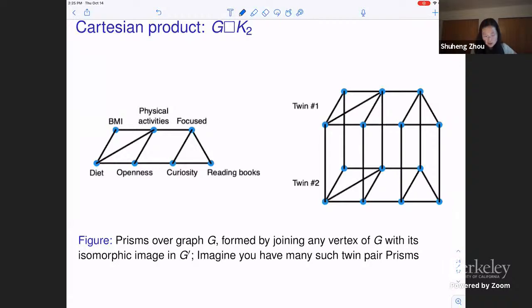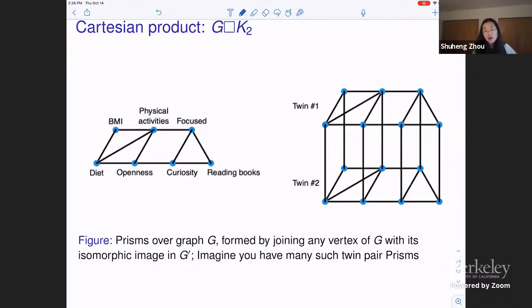They have so many questions to ask about physical activities and task orientation, or focusedness on some specific tasks, and other things like more characteristic or temperament, like curiosity, openness, and of course you want to keep the child physically healthy, so you keep track of diet and BMI and so on. So suppose this is the hypothetical graph I want to build. I don't know what the edges look like.